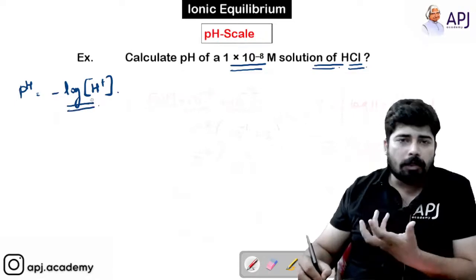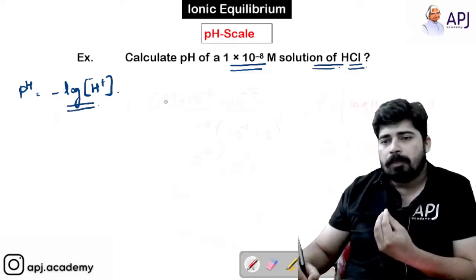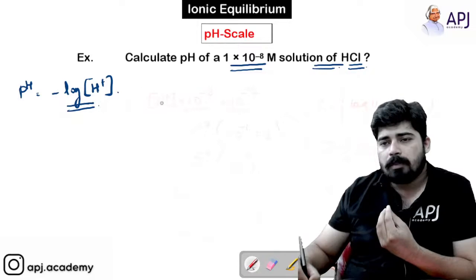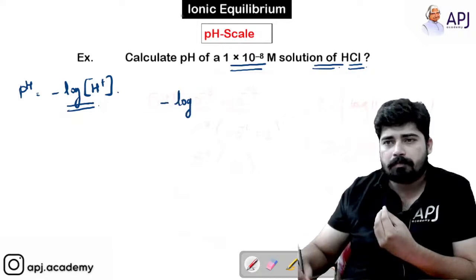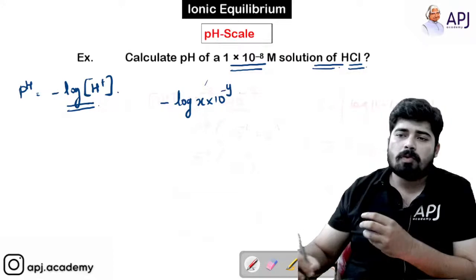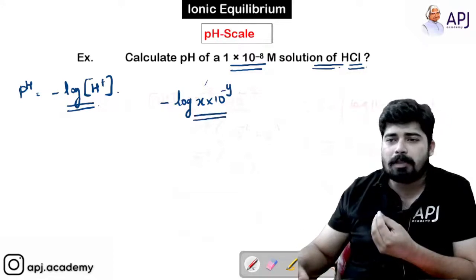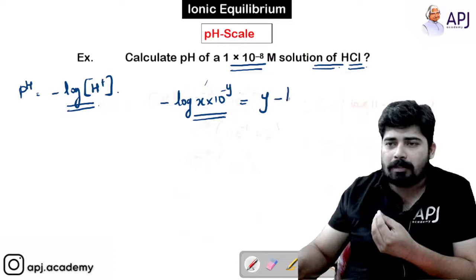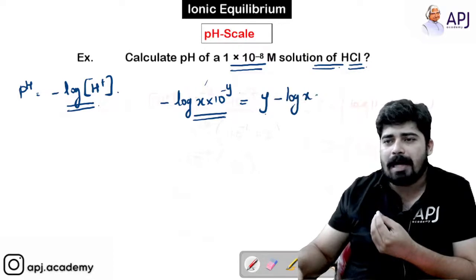So dear students, normally we use this format, that is negative log of x into 10 raised to minus y. So what is the answer for this? What you have to do is, y minus log x will be the answer for this.